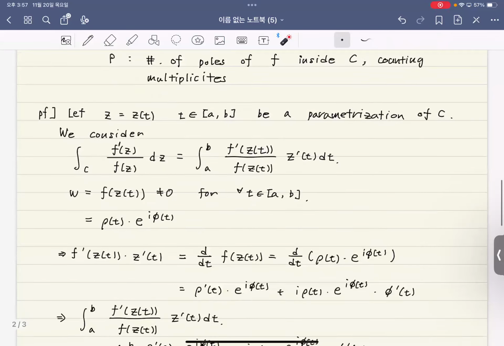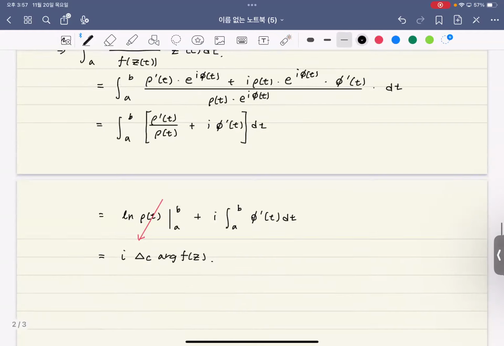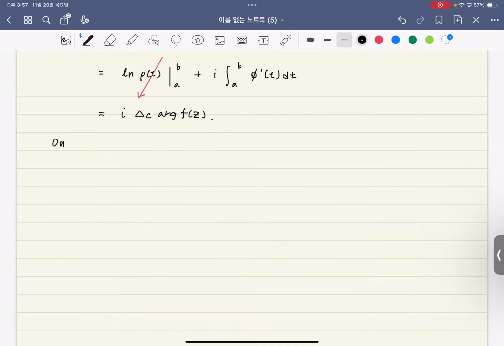All right. And on the other hand, there is a very interesting interpretation of the same integral. So on the other hand, we compute the same integration by using the residue.